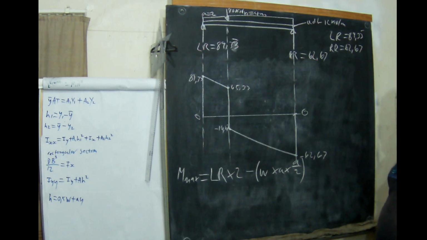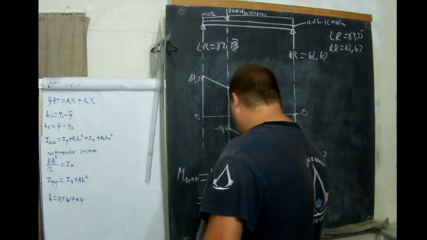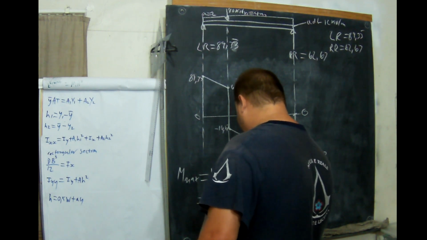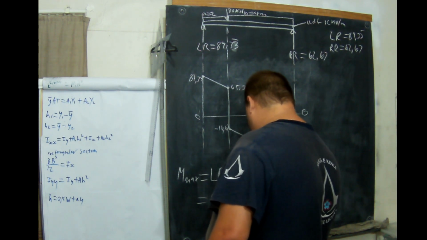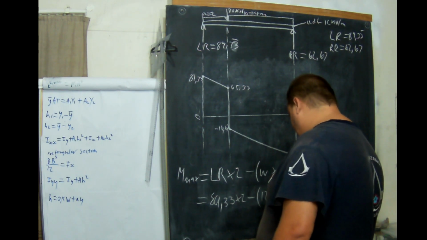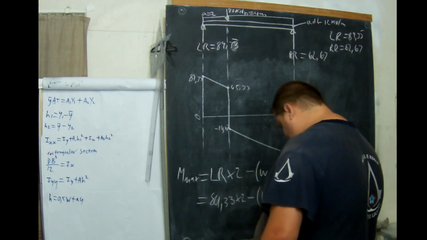So what we have now is LR, which is 89.33 times 2 minus W, which is the weight of the beam, which is 12, times 2 times 2 over 2.